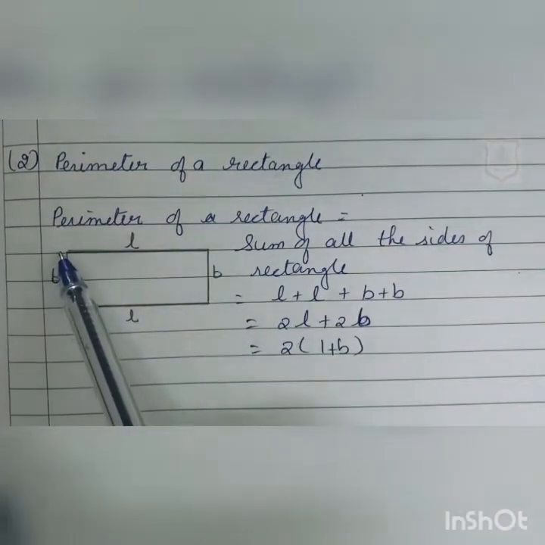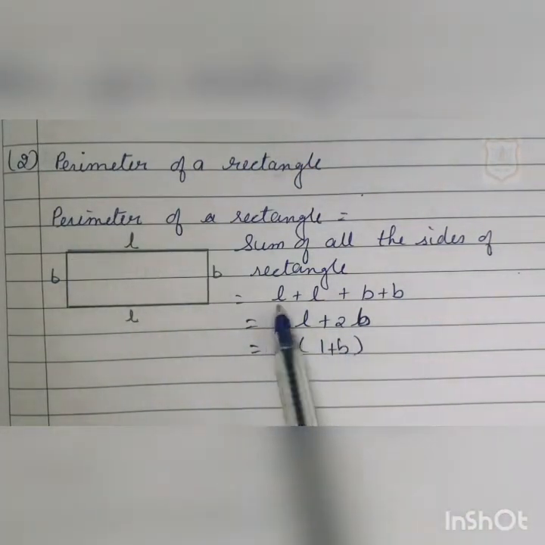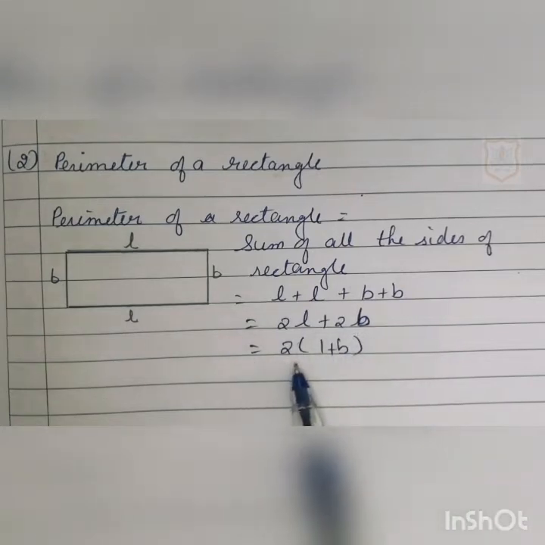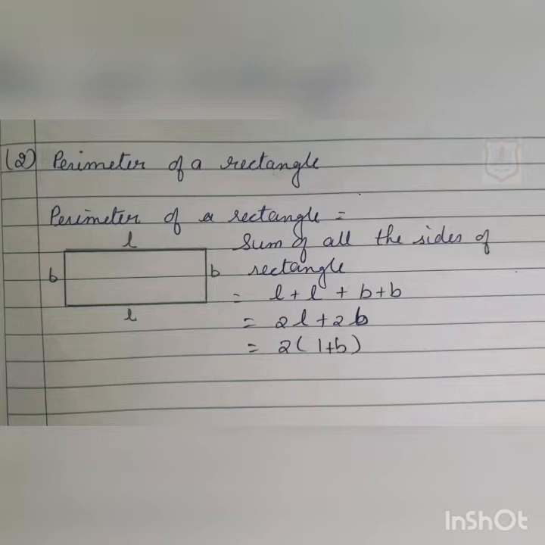So we can say L plus L and B plus B, that is length plus length and breadth plus breadth. Or we can also write 2L plus 2B, or 2 multiplied by L plus B. We will get the perimeter of the rectangle.